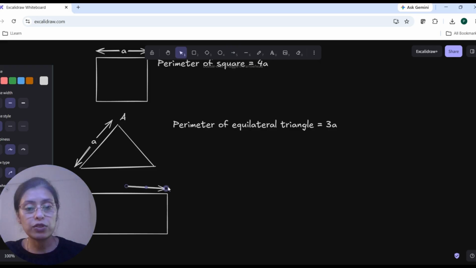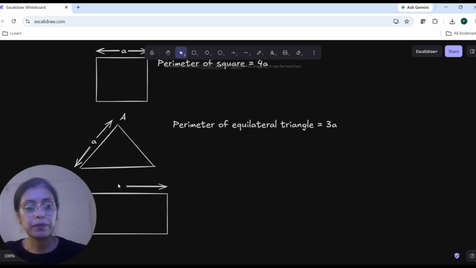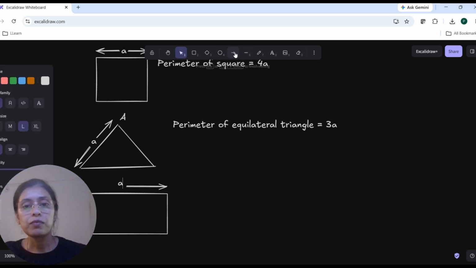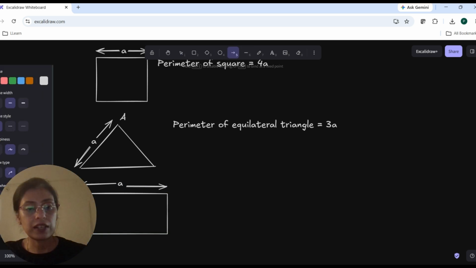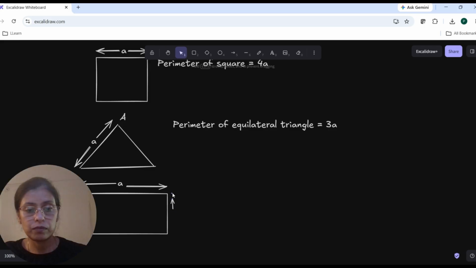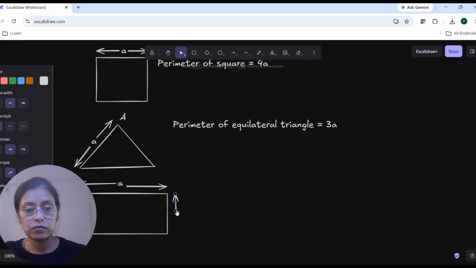So what we assume here is the length of this rectangle is A, and the width of the rectangle is B. We'll draw this so that you're clear.